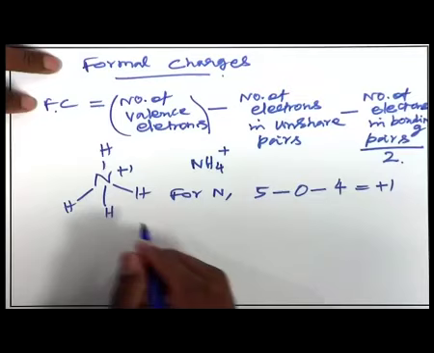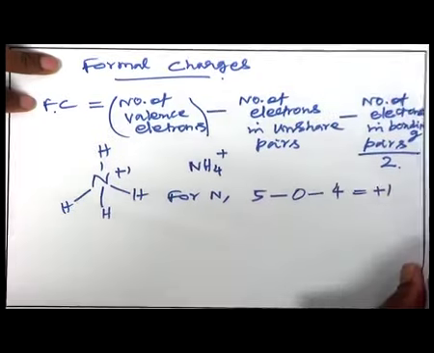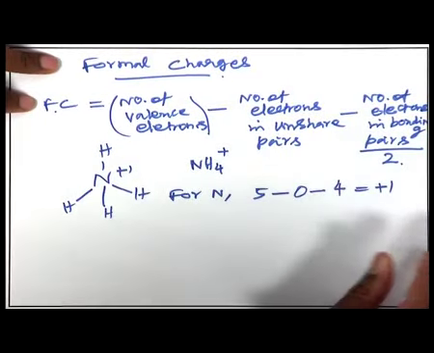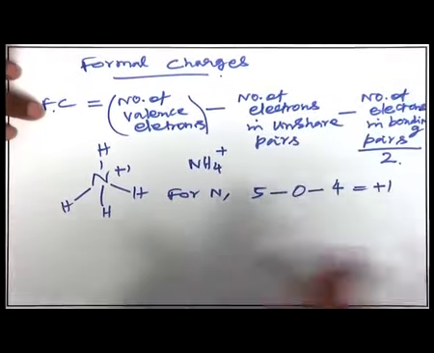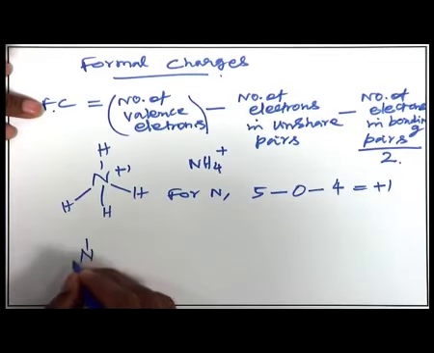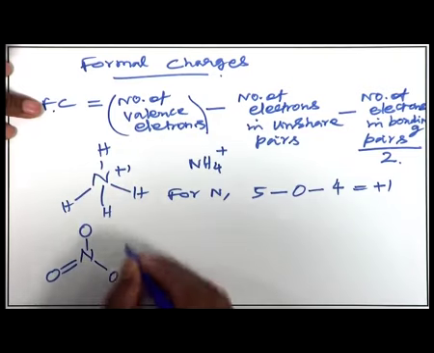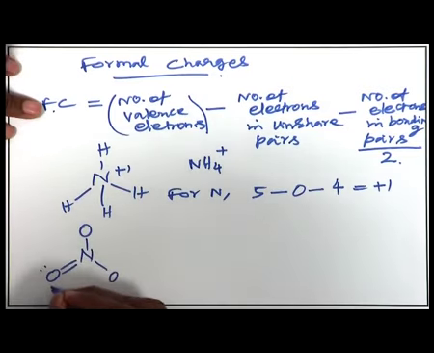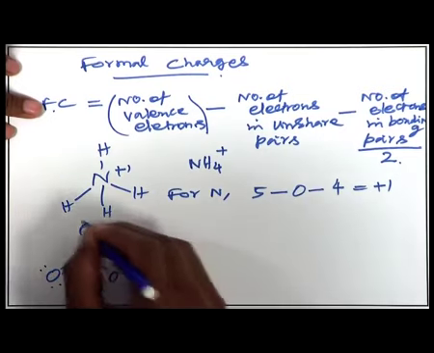Now let us see NO3 minus. There we found the overall charge is minus, but if you look at any one of the Lewis dot structures, here there are 2 electrons, here there are 2 electrons, and there are 3 lone pairs on this.